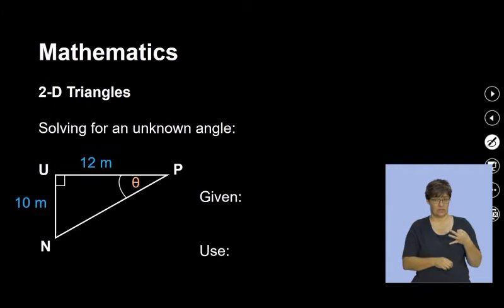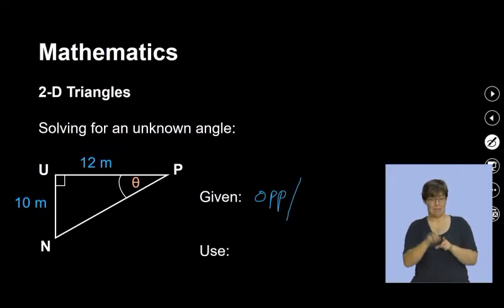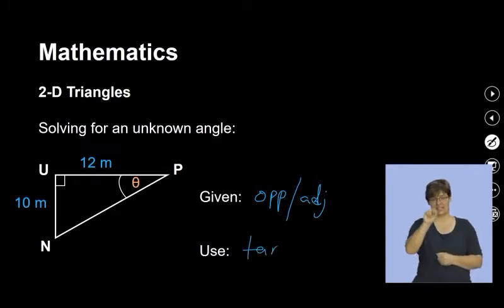And then the third one will be, if I'm now given the opposite and the adjacent. You know for a fact opposite and adjacent has to do with the tan theta. And therefore, you can then solve these things from that perspective.